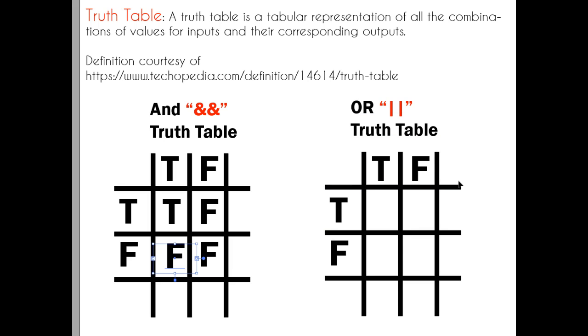Now, for the OR, basically, we've said when any is true. So when both of them are true, it will evaluate to true. If we have true and false, this evaluates to true as well. When it is false and true, this also evaluates to true. The only time this evaluates to false is when both of them are false.